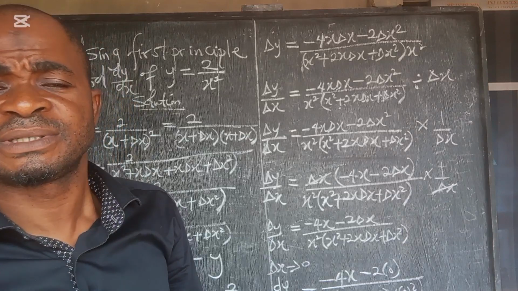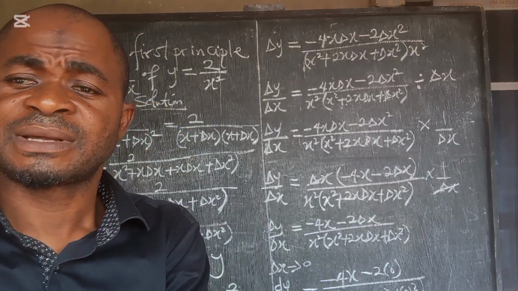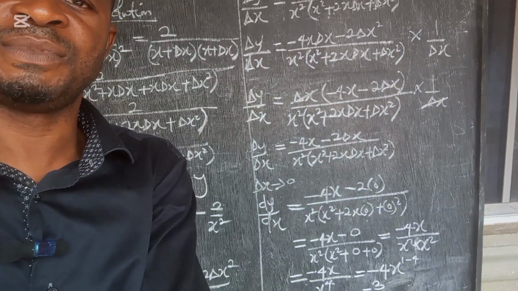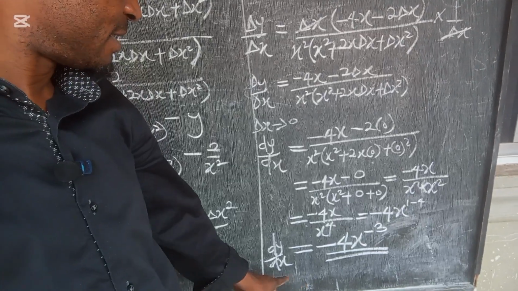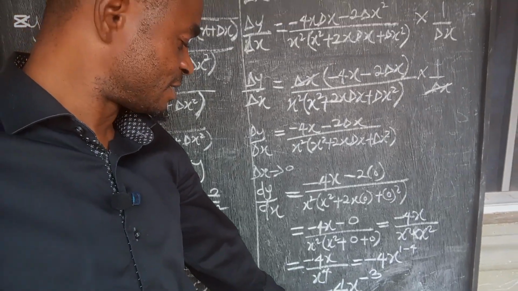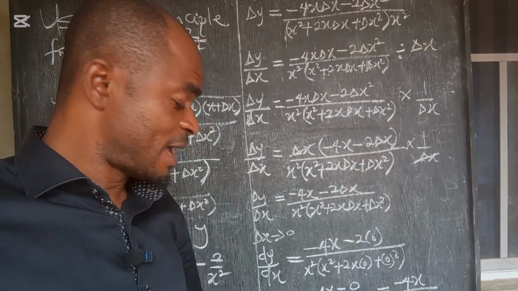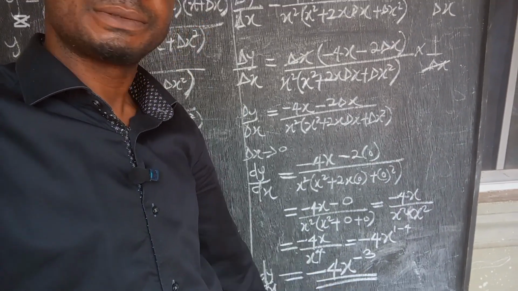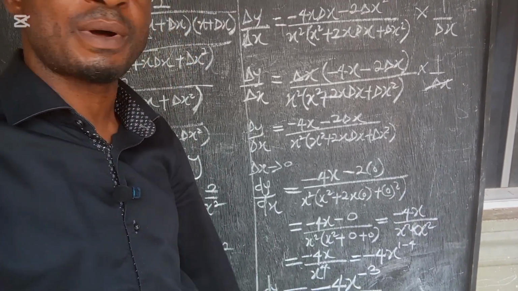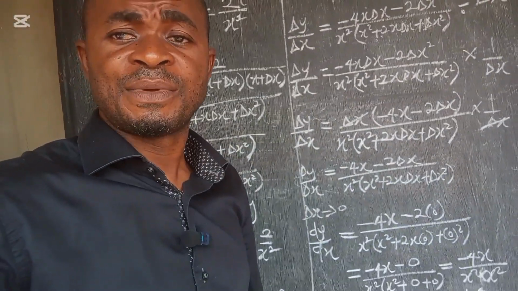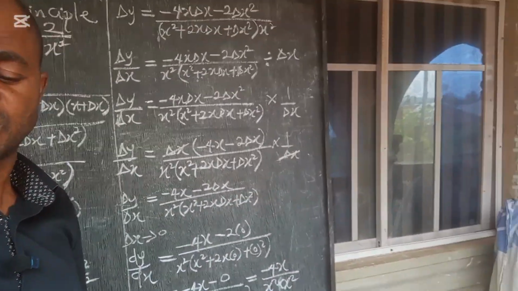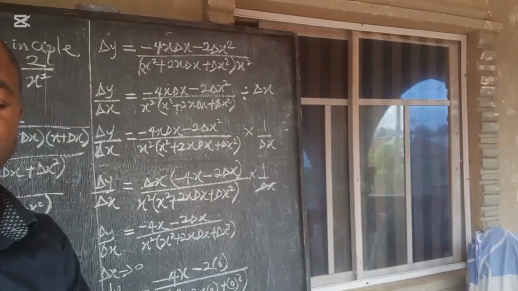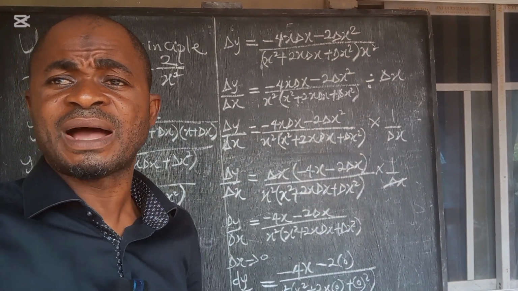Can you now see that it is not so hard? Our answer, dy ds, is minus 4s raised to power minus 3. It is as simple as that, not hard at all.